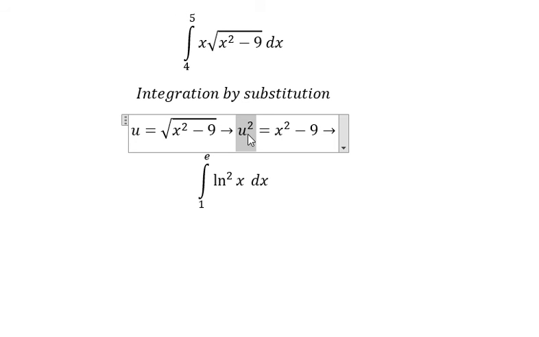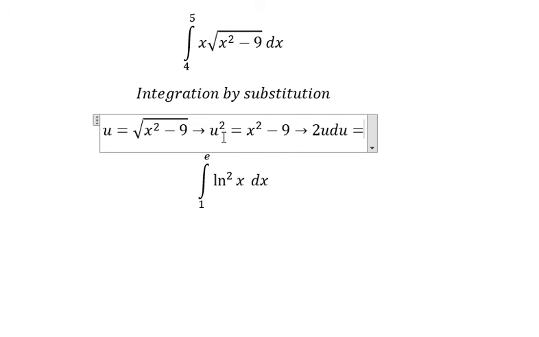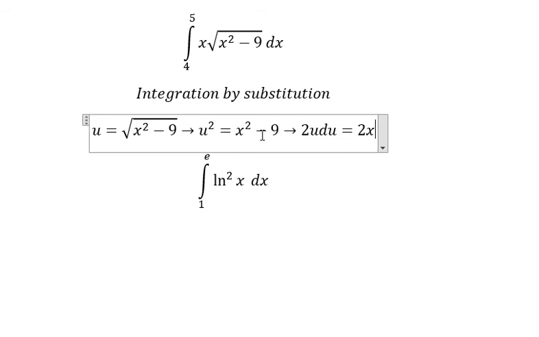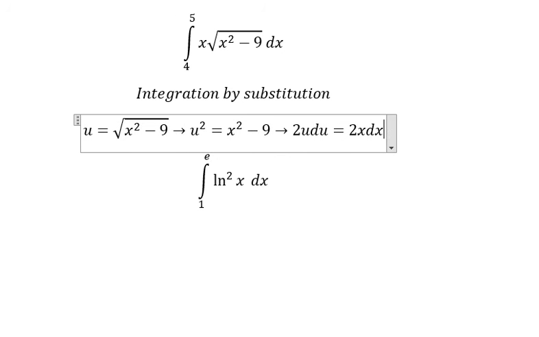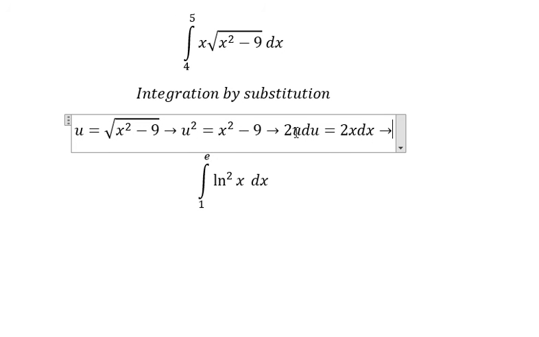First derivative of u squared, we have 2u du. First derivative of s squared, we have 2s. First derivative of the constant, you get 0. Later, we divide both sides by number 2.